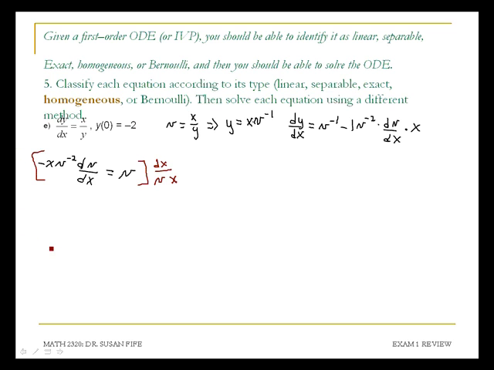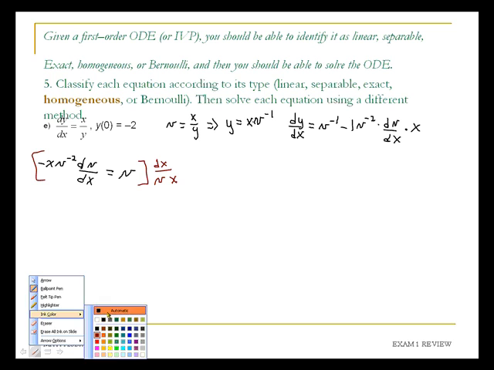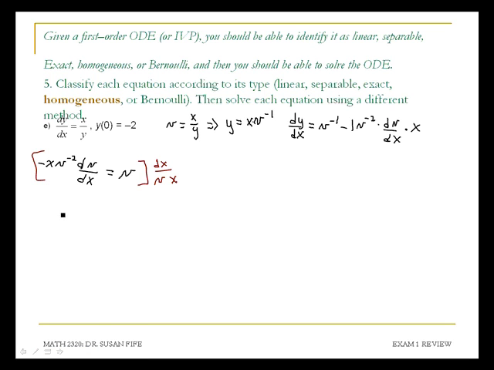And that's going to give me negative, see, dividing by v is going to subtract one more. It's going to give me negative v to the negative third dv equals 1 over x dx.